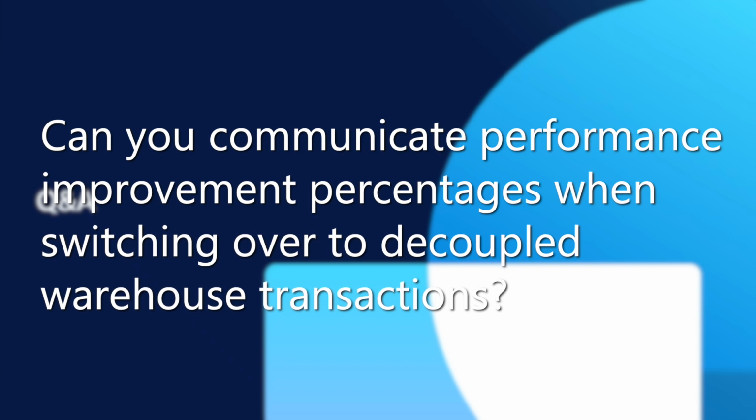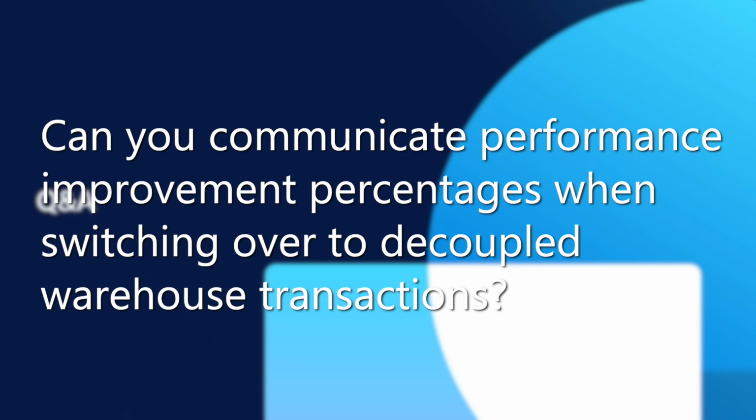Okay, I have another question. Can you communicate performance improvement percentages when switching over to decoupled warehouse transactions? We don't have, I believe, specific numbers that we've published because it's very dependent on how you have configured your items in the system, whether or not you're using tracking dimensions in physical inventory, and what your current performance benchmarks are.